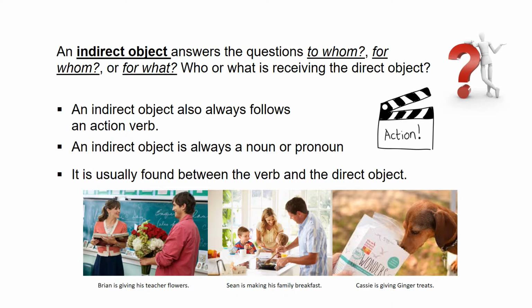So if Brian is the subject and giving is the verb, flowers then is the direct object. And since we know that the indirect object comes between the verb and the direct object, that leaves teacher as the noun in between. Brian is the subject, giving is the verb, flowers is the direct object, and teacher is the indirect object.